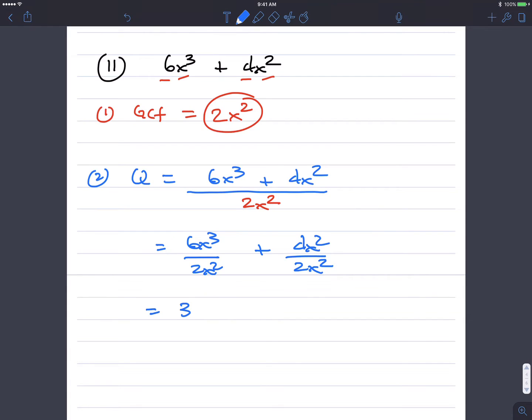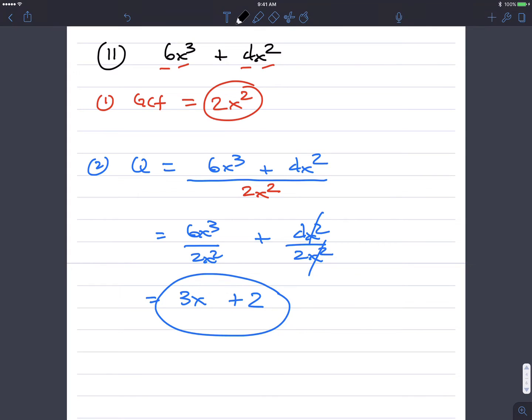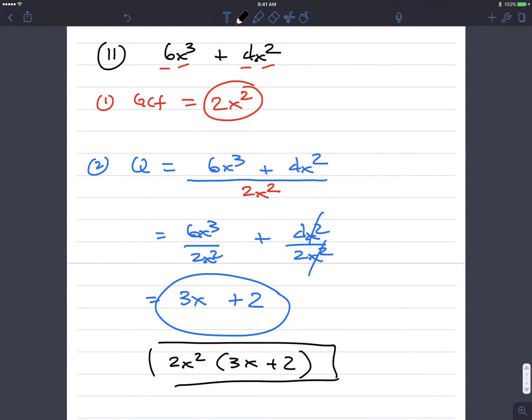X cubed divided by x squared. X, good. Plus, oh, x squareds cancel. 4 divided by 2 is 2. This is my quotient. All right, final answer is going to be 2x squared, the GCF, times 3x plus 2. Okay, this is number 11. You guys okay with this one?